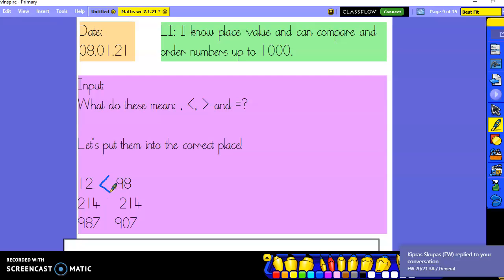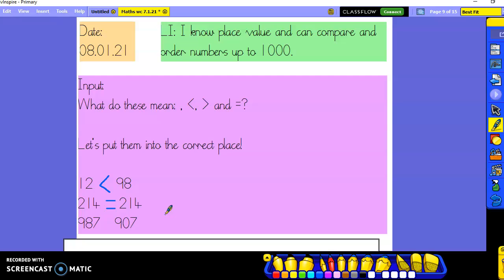So 98 is the largest number. Followed by our next number there. So 214 and 214. More than, less than, or equal to? Yes, that's absolutely right. It is equal to because they are the same. Well done.